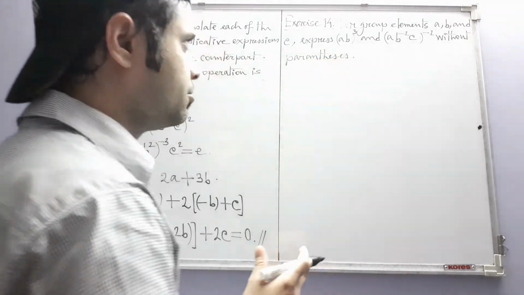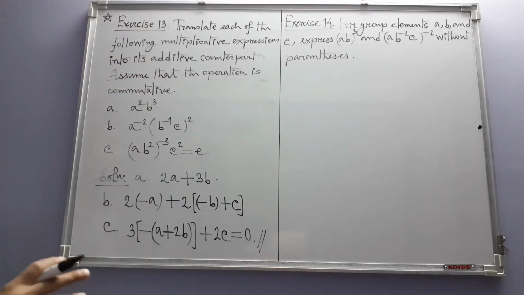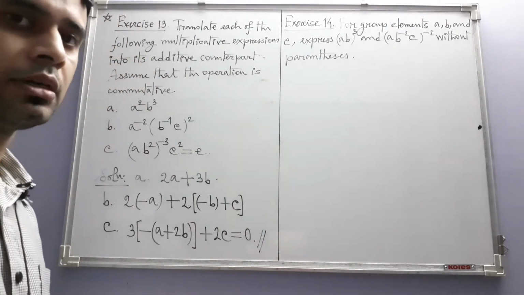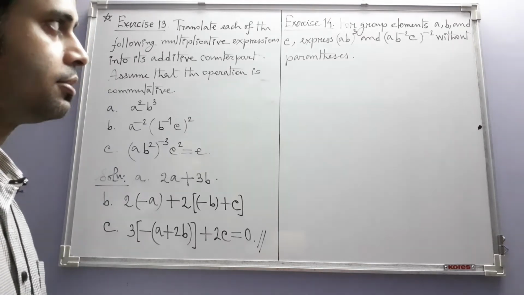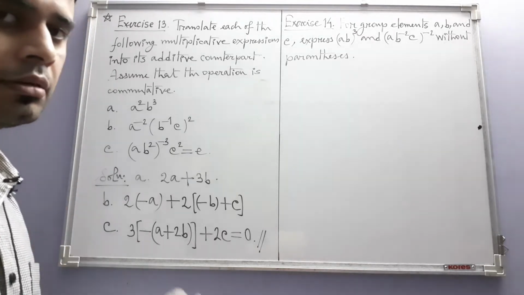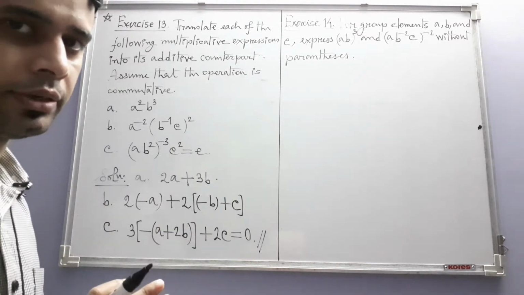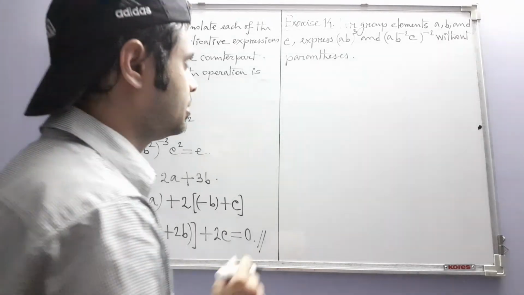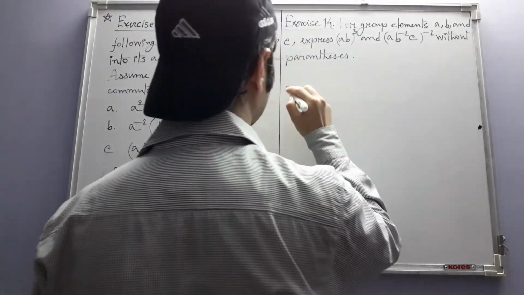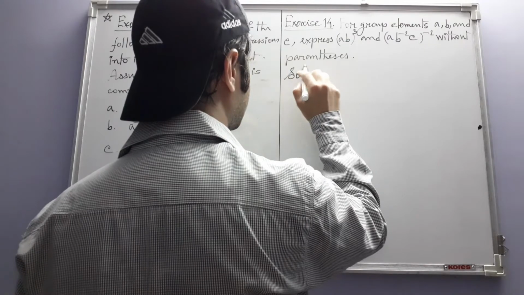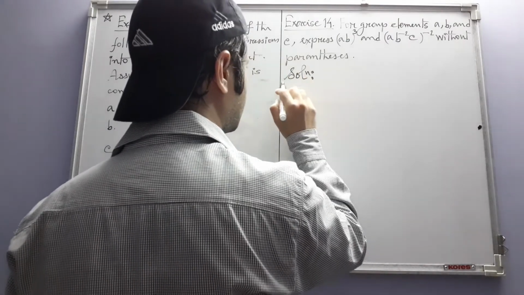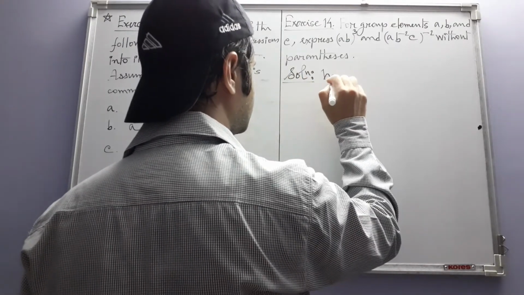If we don't use parentheses, then we won't get anything new because of the associative law that is true in any group. You may get rid of parentheses without changing the actual expressions. So we can write like this.